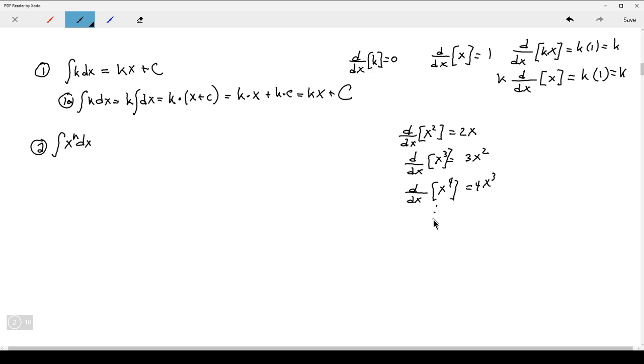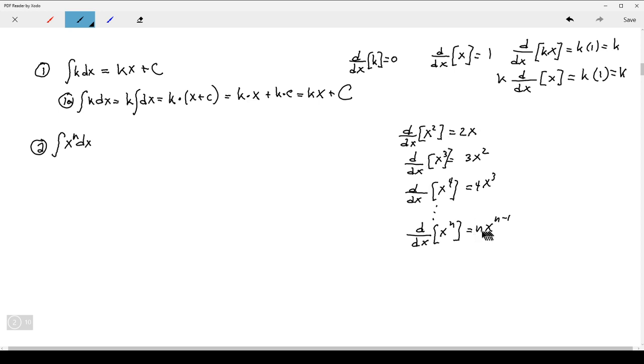And that gave us, when we were doing this originally, our power rule, which is d dx of x to the n is nx to the n minus 1. Power comes down, you subtract 1. Power comes down, you subtract 1, and so on.